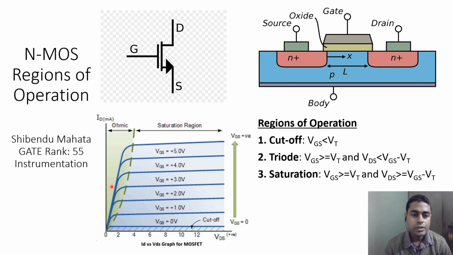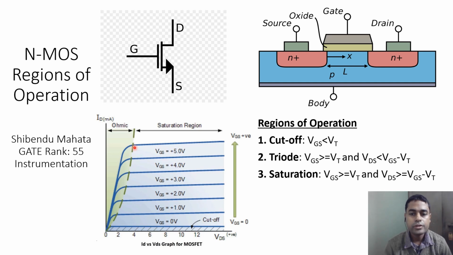Then you have this region which is called the triode region, and somewhere close to the origin you have a proper ohmic region. So the MOSFET can behave as an electronic resistor in this region, and this entire region is called the triode region.